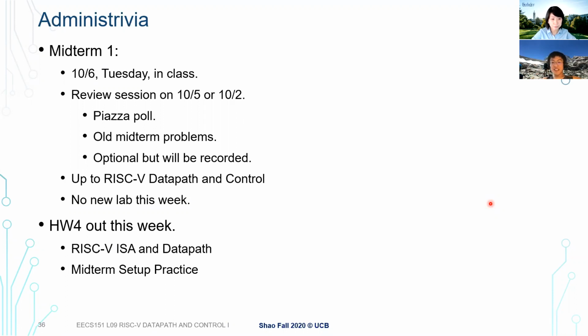So homework 4 will be very useful for both the topic and also for the midterm practice. So take a look at that, and hopefully that will be helpful for the midterm. So any questions, comments on midterm, lab, and homework this and next week?